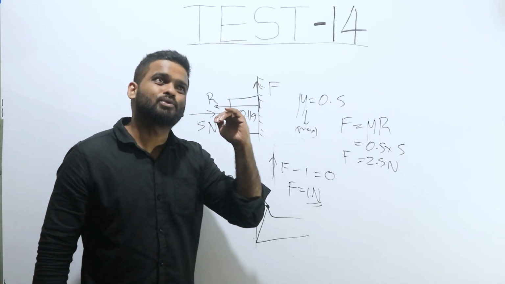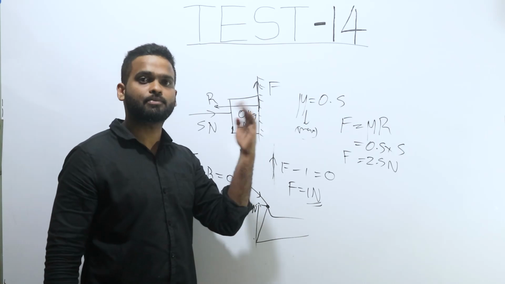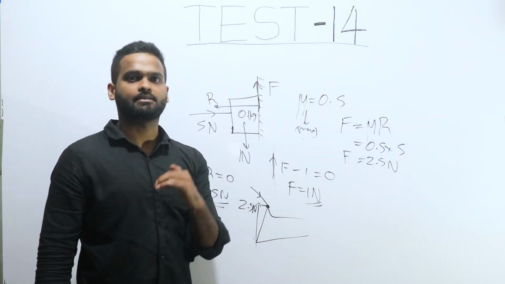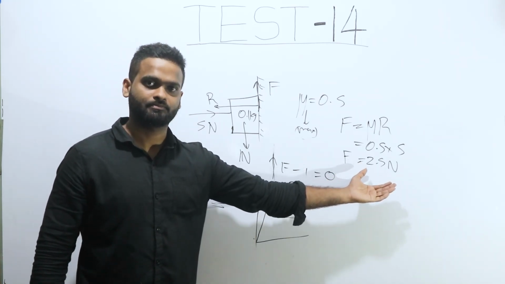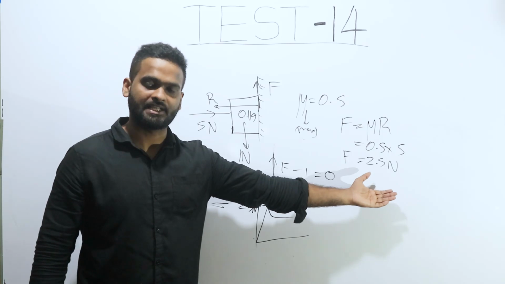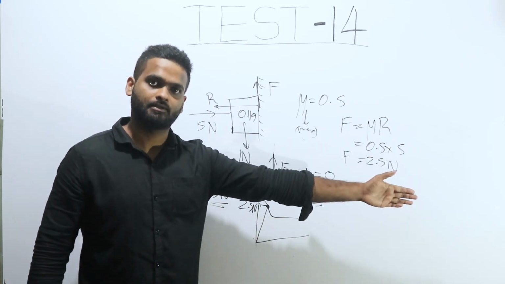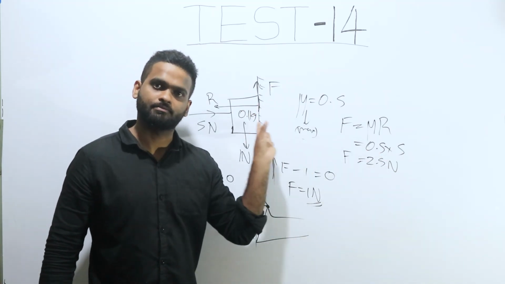2.5 means up to 2.5, this surface can provide friction, but it does not mean that that friction is the applied friction. We don't need that much friction. That's the maximum friction that could be applied at a limiting case, but the system is not in a limiting condition.